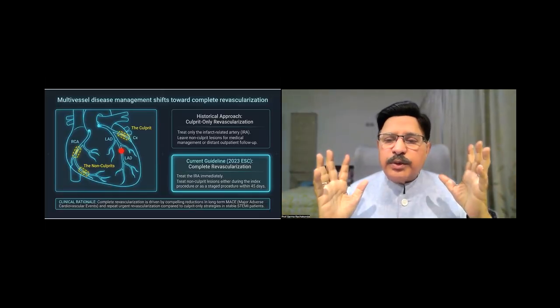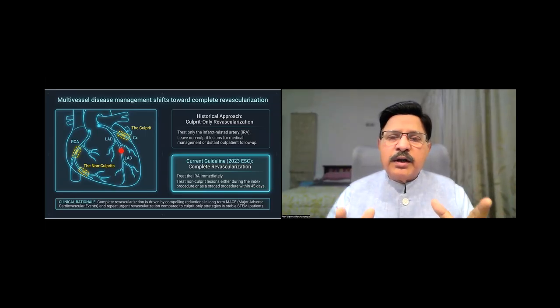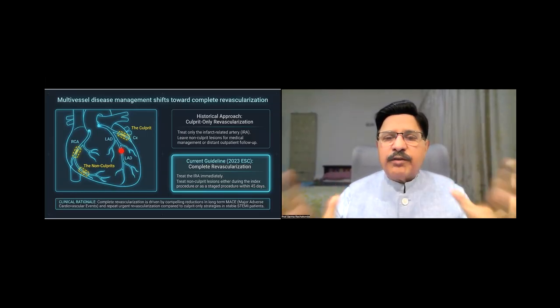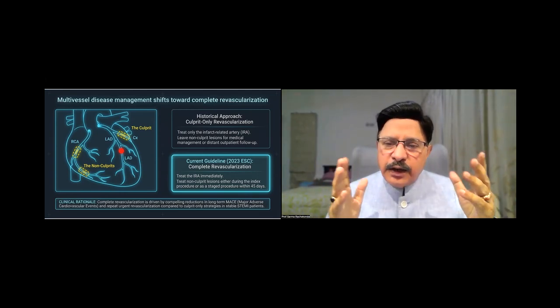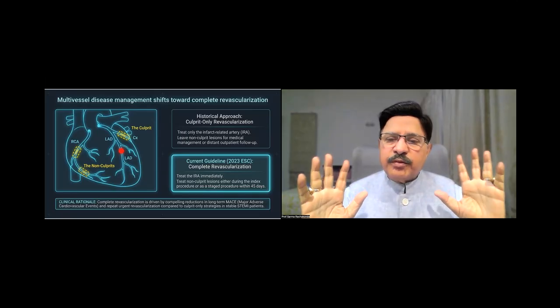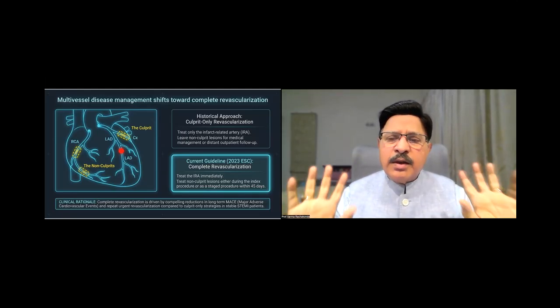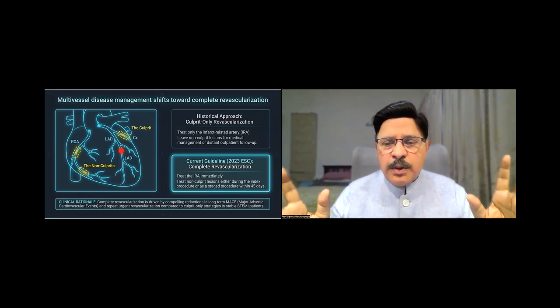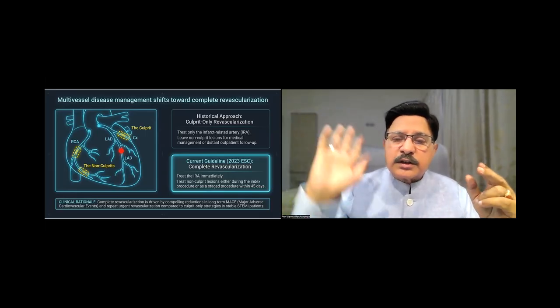What is the take home here? The professor's teaching: in a STEMI patient, if you find more than one vessel is affected, you try to treat all the vessels in the index presentation. Open the culprit vessel and treat all the vessels by whatever procedure you require to choose. But if it is not possible because of hemodynamic instability, you don't just prescribe medicines and ask him for follow-up.